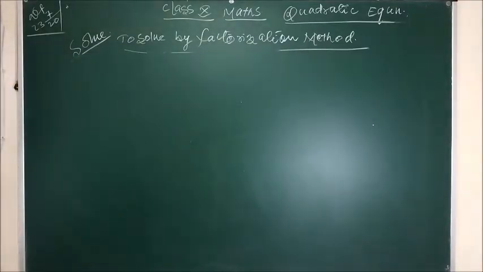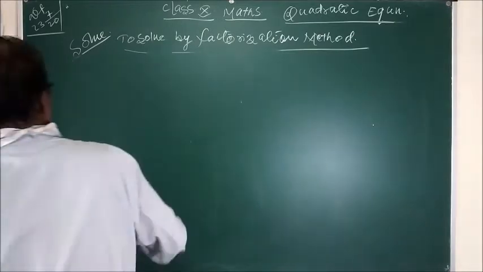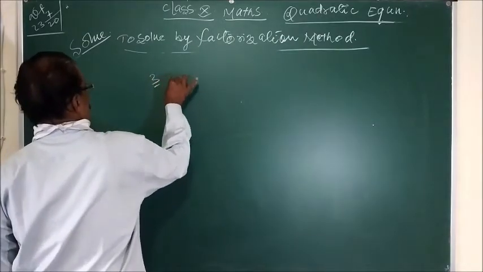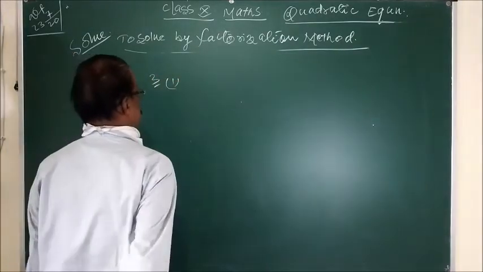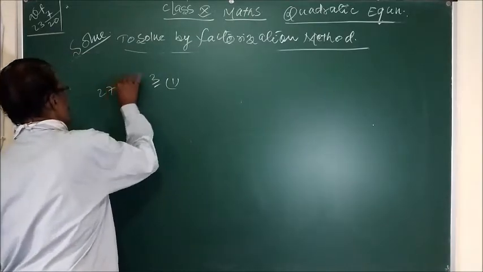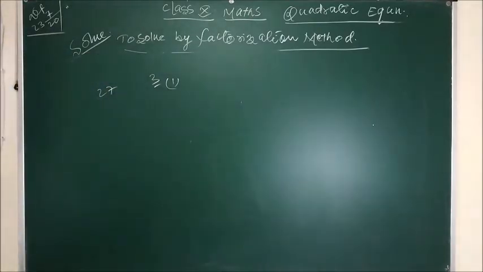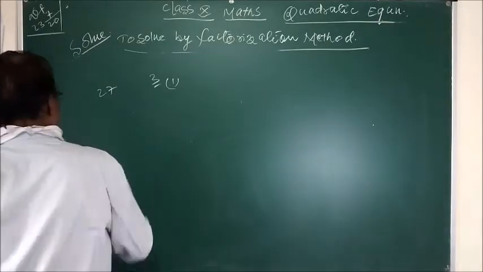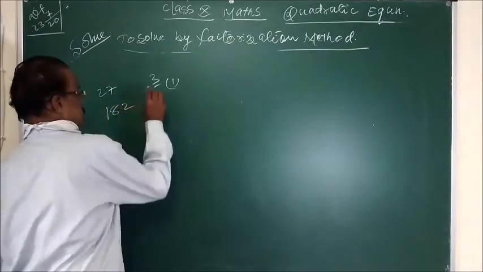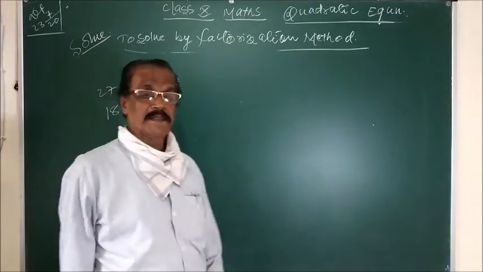Question 1, question number 12. Find two numbers whose sum is 27 and product is 182. This is the question. What are the numbers?